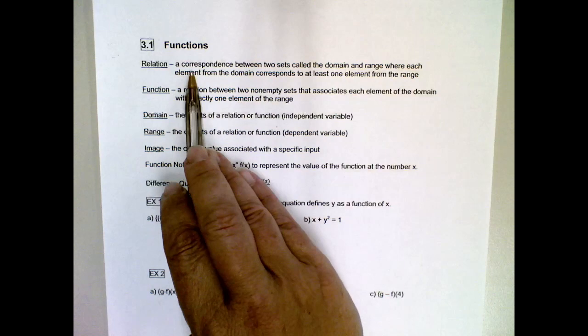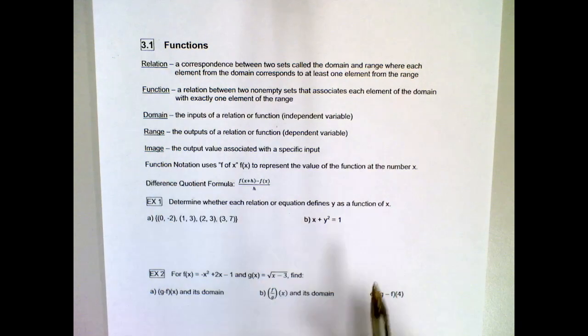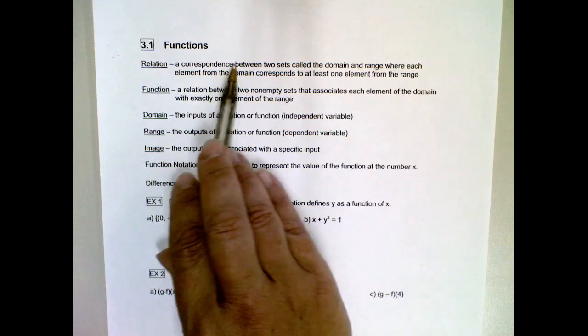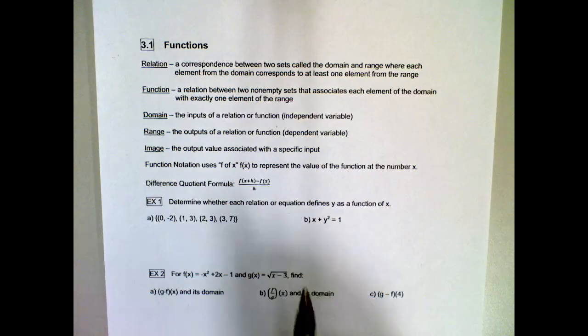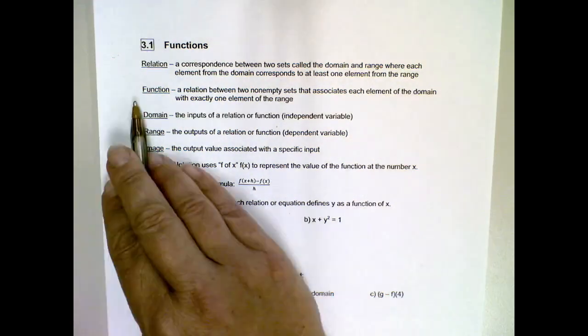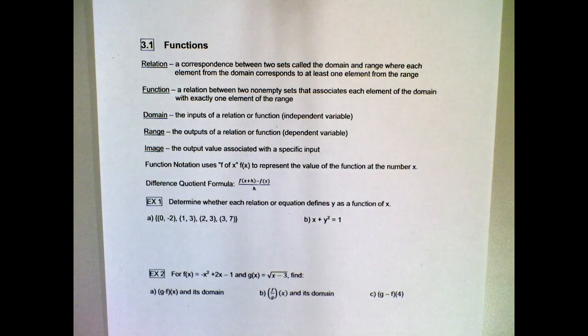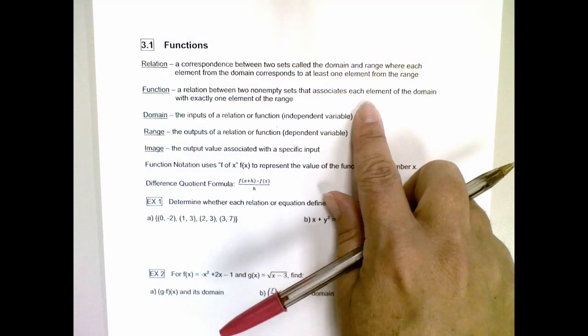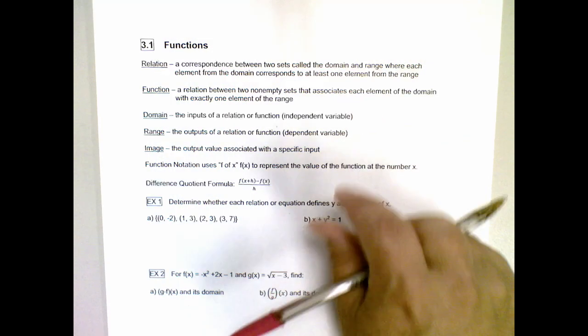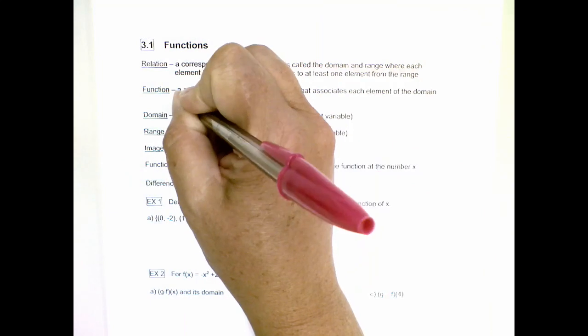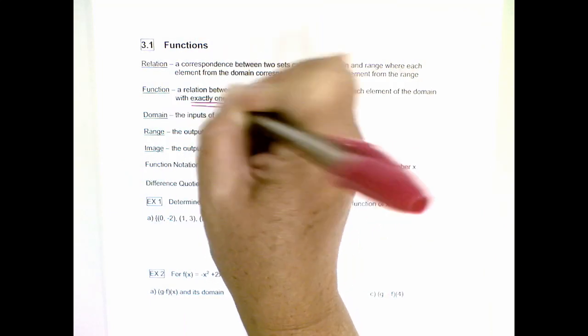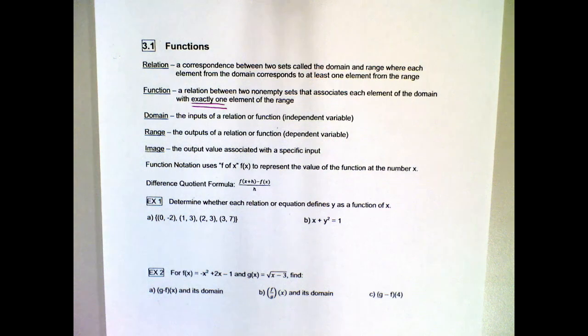So you can see the definitions here. So relation, any correspondence where we take something from the domain and we assign it to something from the range. A function is a type of relation where each element of the domain is associated with exactly one element of the range.